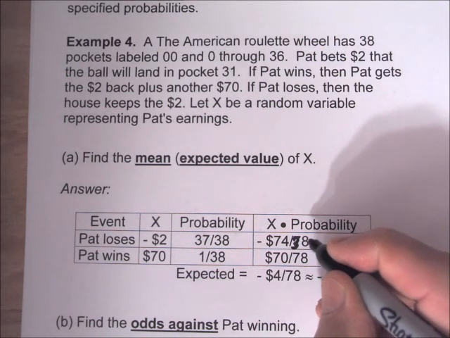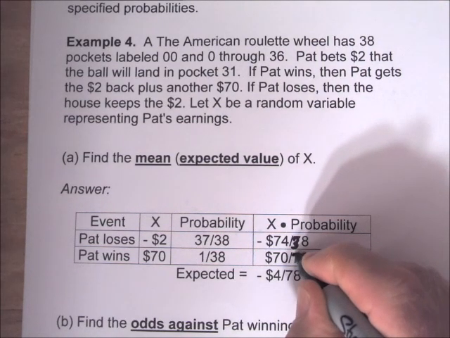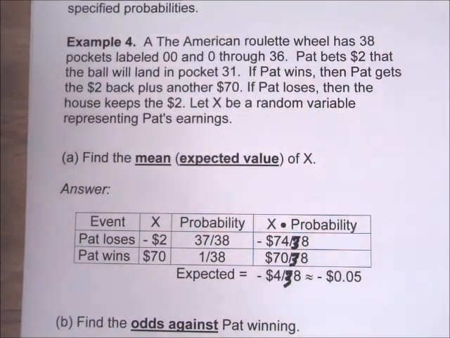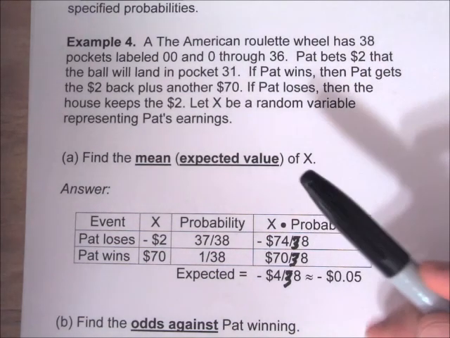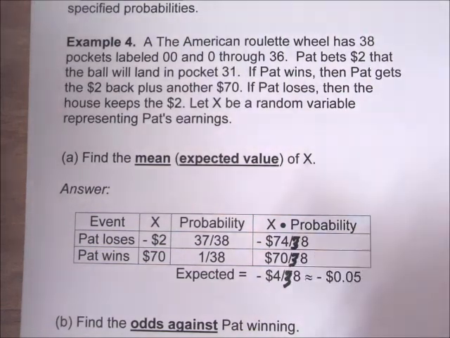And 70 times 1 out of 38 is 70 out of 38. So on the average, if you add these, negative 74 plus a positive 70 is negative 4 out of 38.